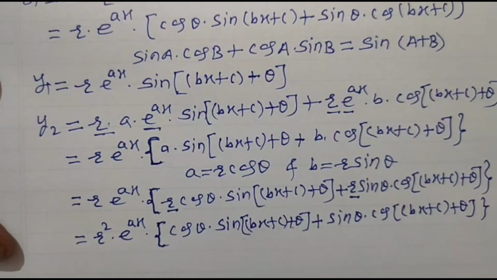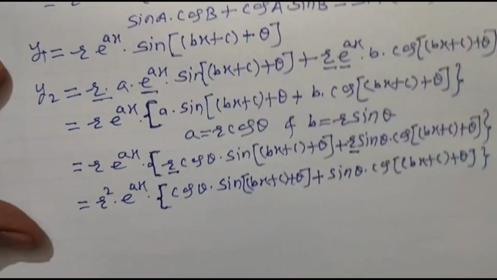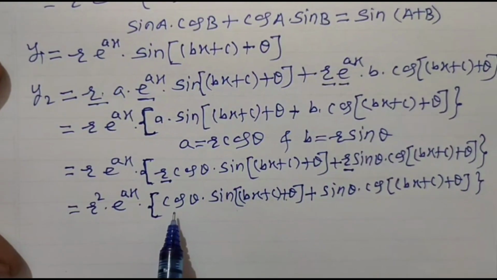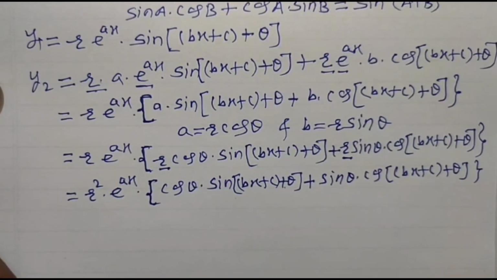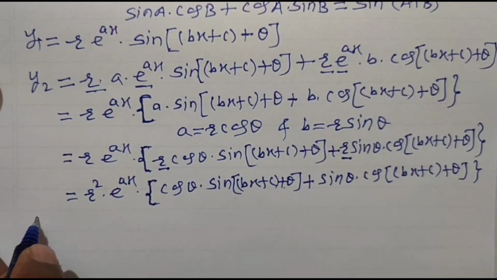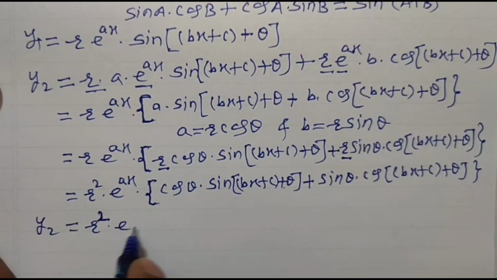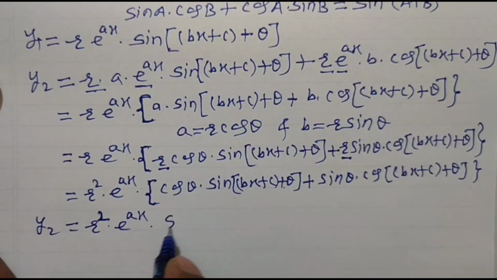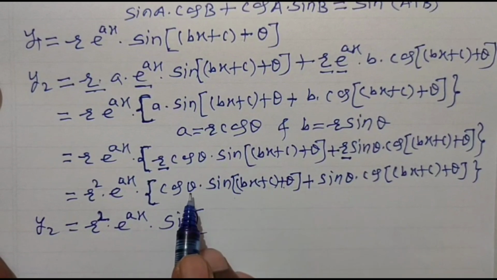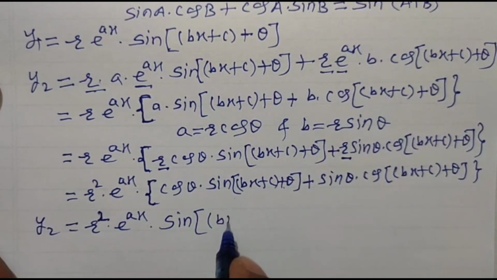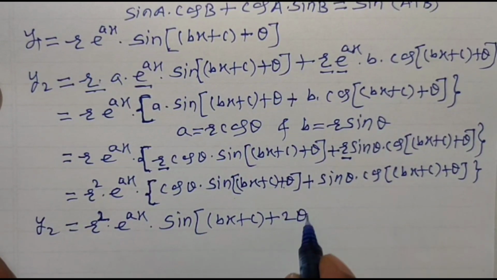Okay, now bracket close. Once again apply the same trigonometrical formula, sin a cos b plus cos a sin b, that is equal to sin of a plus b. Hence y2 is equal to r square e to the power ax into sine of bx plus c plus 2 times theta.